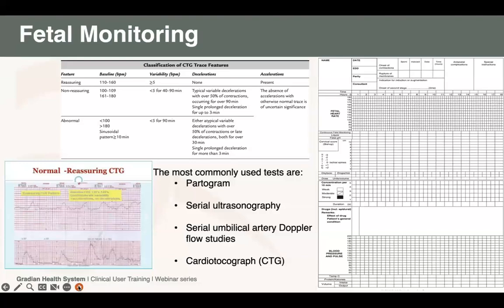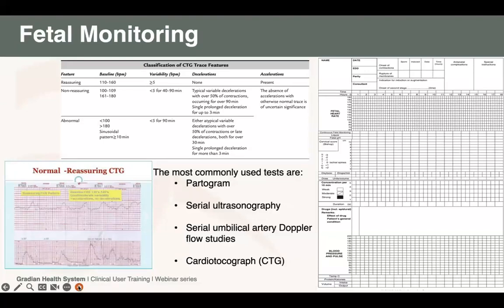Then serial umbilical artery Doppler flow studies and cardiotocograph may be available in some centers. These are all methods of monitoring the fetus. Also of importance is the Pinard stethoscope, the manual method of listening to the fetal heartbeat.